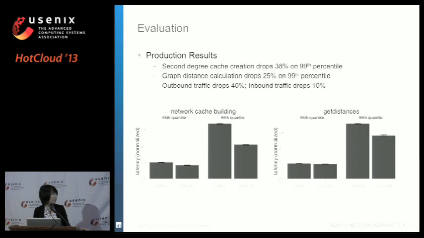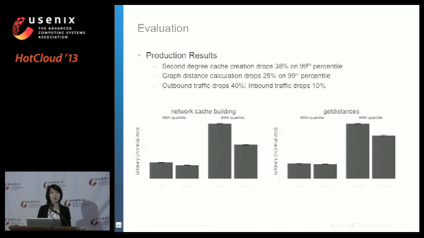Also, the number of GraphDB nodes involved in the second-degree query dramatically reduced. This matches the observation we have that there is a 40% outbound traffic drop on NCS. This outbound traffic is basically the NCS querying GraphDB nodes to return connections. So now there are fewer nodes involved in these queries, so the traffic also drops.